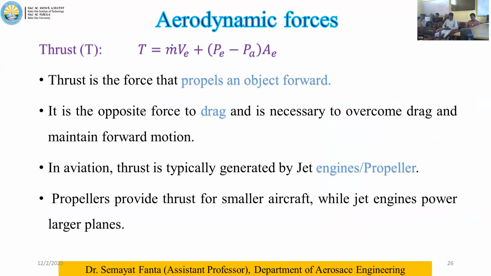Thrust is the forward motion. We already discussed it. So the thrust equation is m dot VE. This m dot indicates the mass of fuel. We are not considering the total weight of the aircraft, though you can take it, no problem, but we consider the fuel which is consumed every moment.